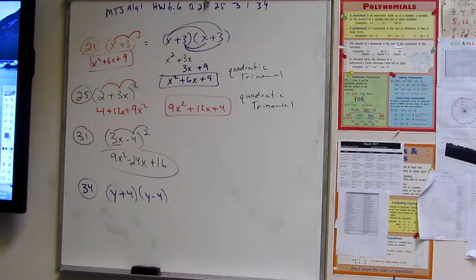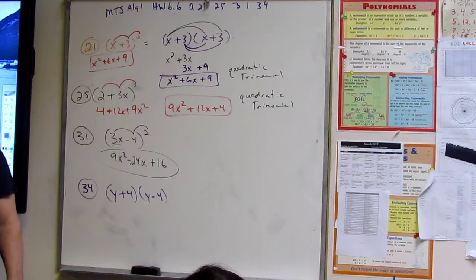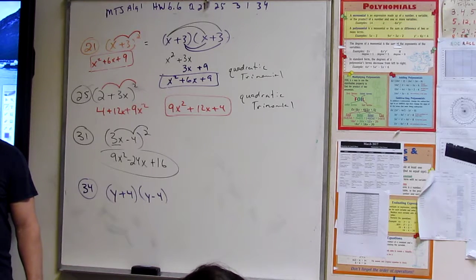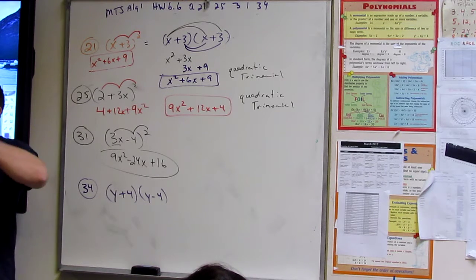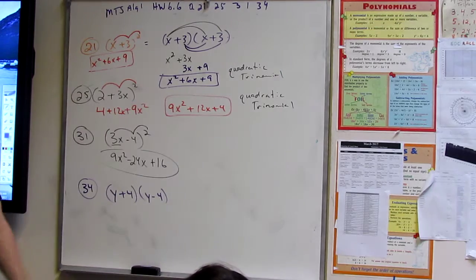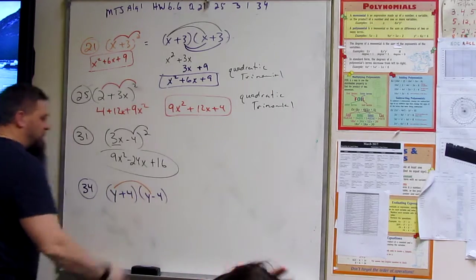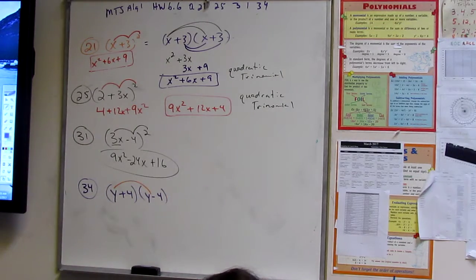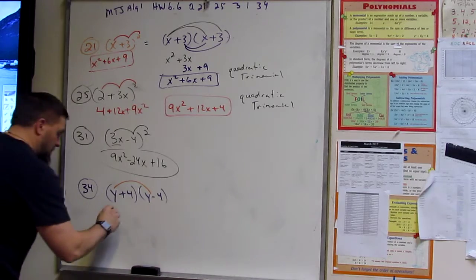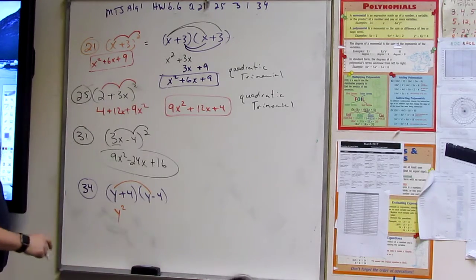Alright, this last one. A little harder. Okay? But actually it's easier. Watch. There's a trick to this. But let's do it first. Clamshell it. Okay? Y times y. Y squared. Okay?